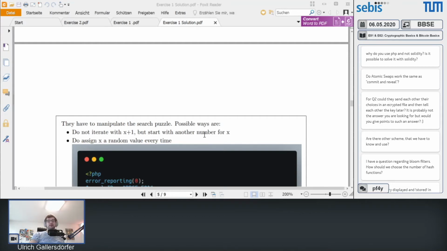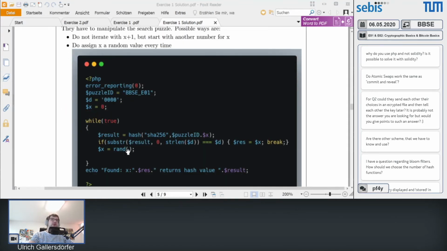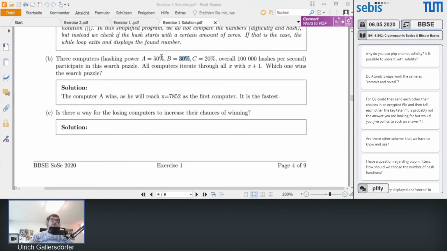So assigning random values to x can be a better approach than increasing x plus 1, because then you have a better chance. You can try it out yourself with a random function, and then it's much easier to win this race. And if you simulate this yourself, which we don't have time for, you will see that in the long run, A wins with 50%, B wins with 30%, and C wins with 20%.